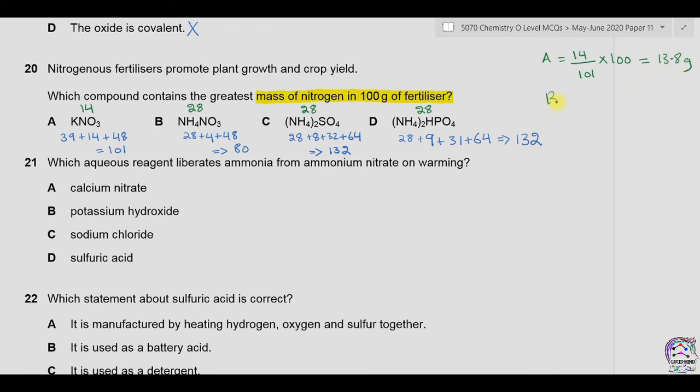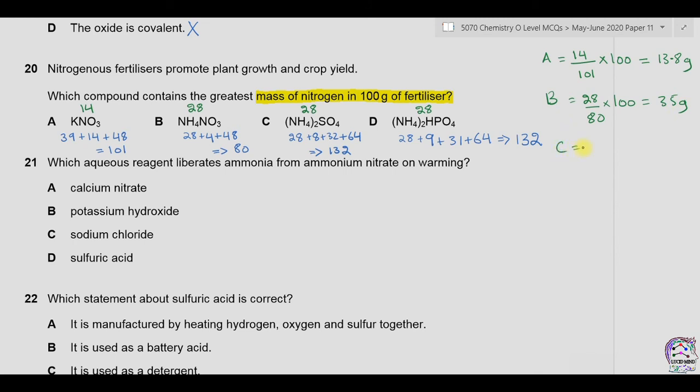For B, the atomic mass of nitrogen is 28 and the total atomic mass is 80, so therefore 28 divided by 80 into given mass of the fertilizer 100, so into 100 it comes equal to 35 grams.